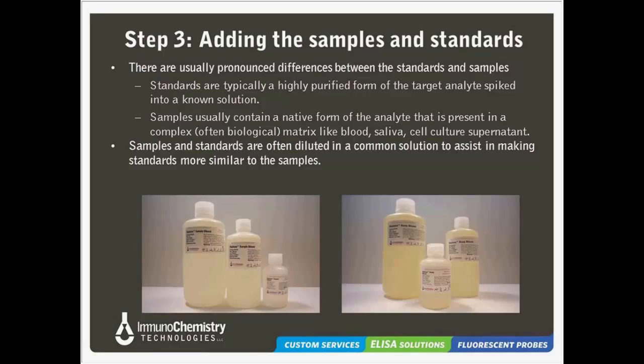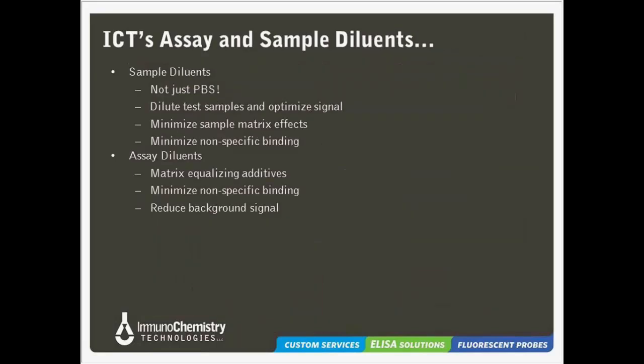Now, the other concept is we have the assay diluents. And the assay diluent is similar to the sample diluent, except the assay diluent is designed to try to equalize the complexity of the matrix in your standard curve wells versus the complexity that's in your serum samples, for instance. Now, why do we care about that?